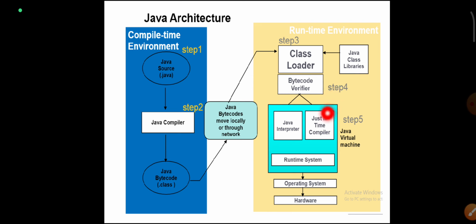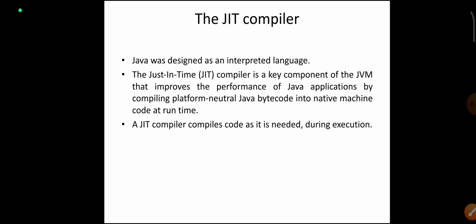Here the Java interpreter and the just-in-time compiler are there in order to process the bytecode which is sent by the class loader from the source file. Okay, I can show the just-in-time compiler theory. Java was designed as an interpreted language.